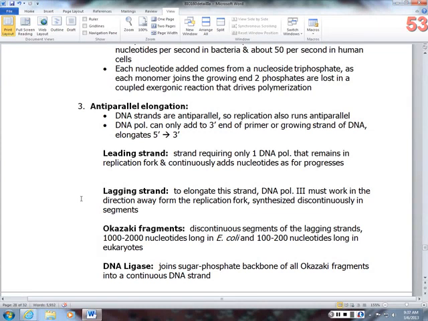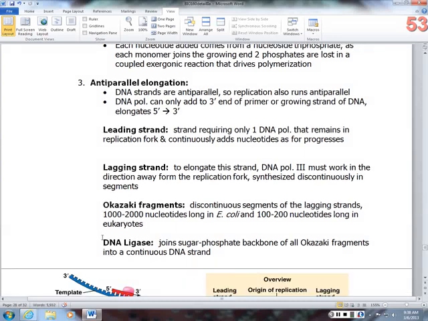So this one that gets to go in a nice normal order is going to be your leading strand. This one that has to do in little chunks because you can only add on to this 3' end is considered your lagging strand in there. And then you make each of those little pieces in there.